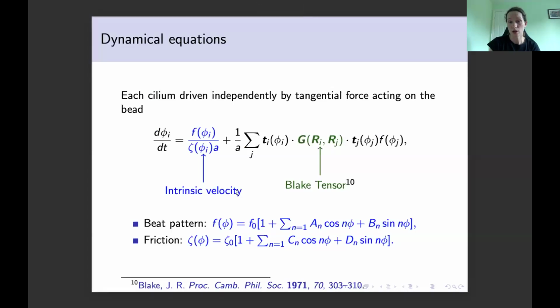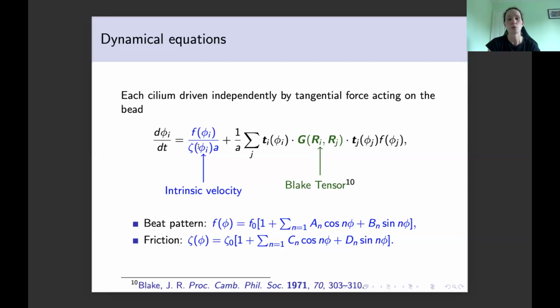So we can write down a dynamical equation for each of these cilia. This is a dynamical equation for an individual cilium, so we're not thinking about the metachronal wave yet. We're just thinking about an individual at this point. So each rotor phi, and we're giving it a subscript i to label an individual rotor, we can look at how it evolves in time. Each rotor has an intrinsic velocity, which is given by the force that drives the bead around the trajectory. That represents what the motors are doing within the filament.